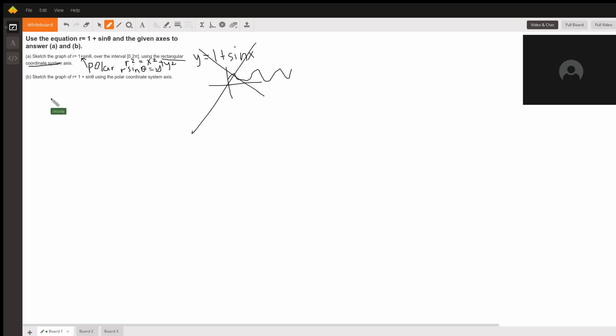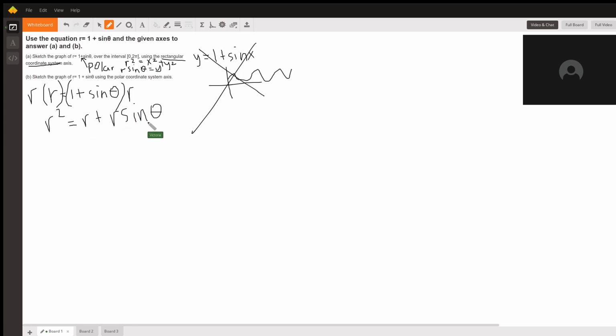So if we start with r equals 1 plus the sine of theta, the easiest way to do it is to multiply both sides by r, because then you lose at least one of your square roots. So this becomes r squared is r plus r sine theta.